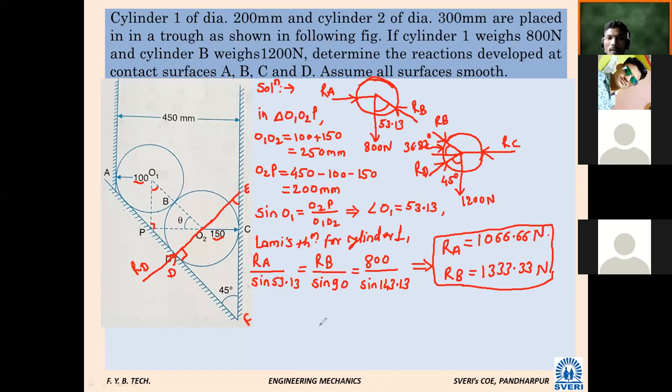If you apply summation Fy, which thing will you get? RD. We will get RD because RC will not come. Why will it not come in summation Fy? Because it is horizontal.